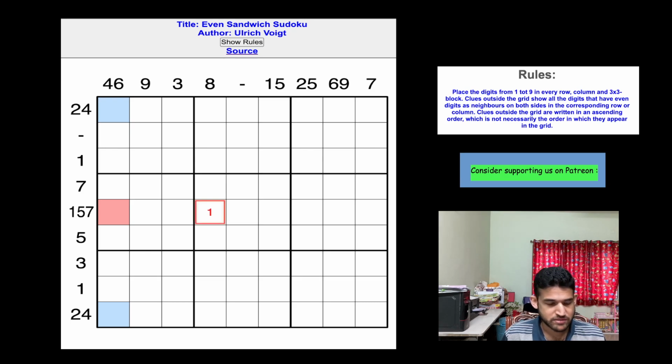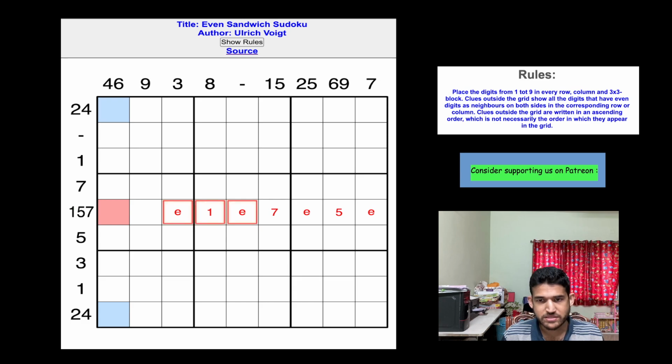Now 1 is sandwiched by even neighbors on both sides, so this is even, this is even. And now let's say I put a 5 somewhere here, so you will have an even here and even here. And now there is only one cell left for the 7. 7 has to go here because it's sandwiched by both even cells.